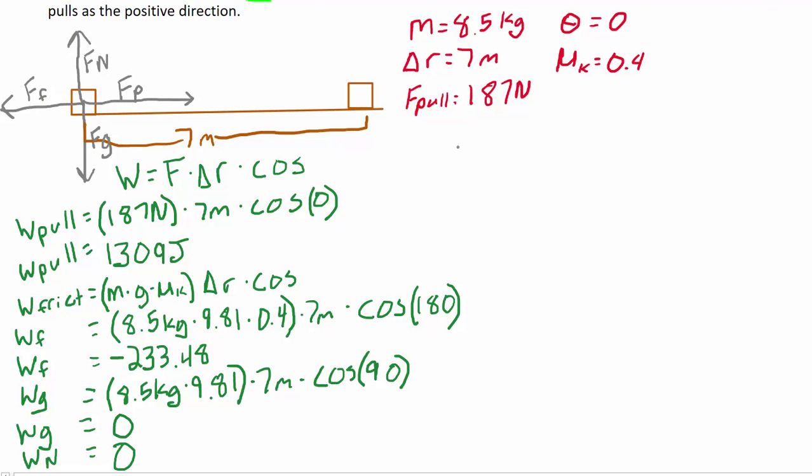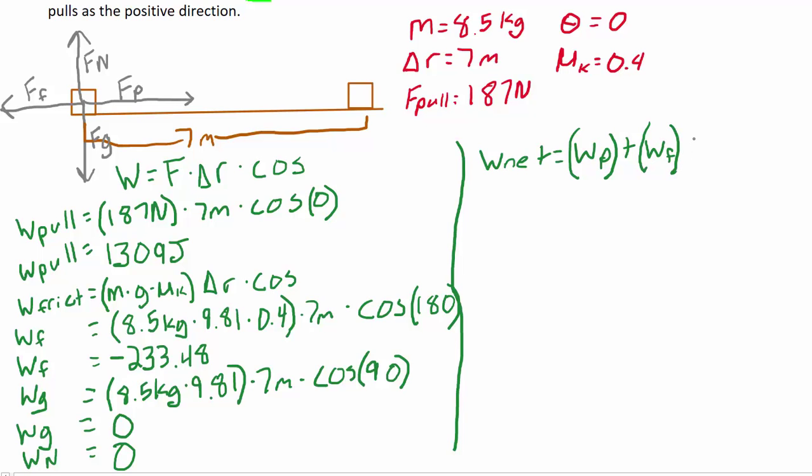So now we need to add up our forces, or the work done. So work net equals work pull plus the work of friction, brackets around these, plus the work of gravity, plus the work of the normal force.